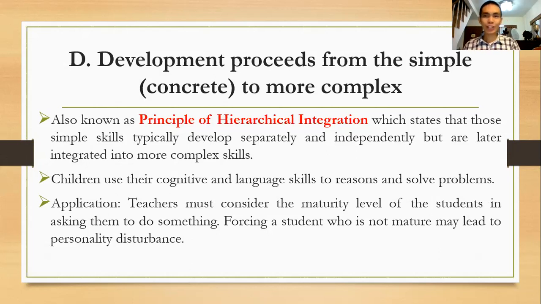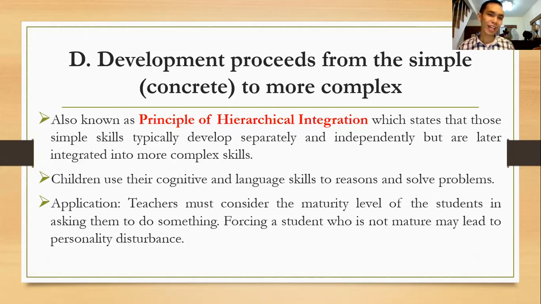Okay, so we need to know our students, if they already can do that specific task based on their level of maturity. Development proceeds from simple because they tend to do the skills or the task in a simple way before they do a complex one.